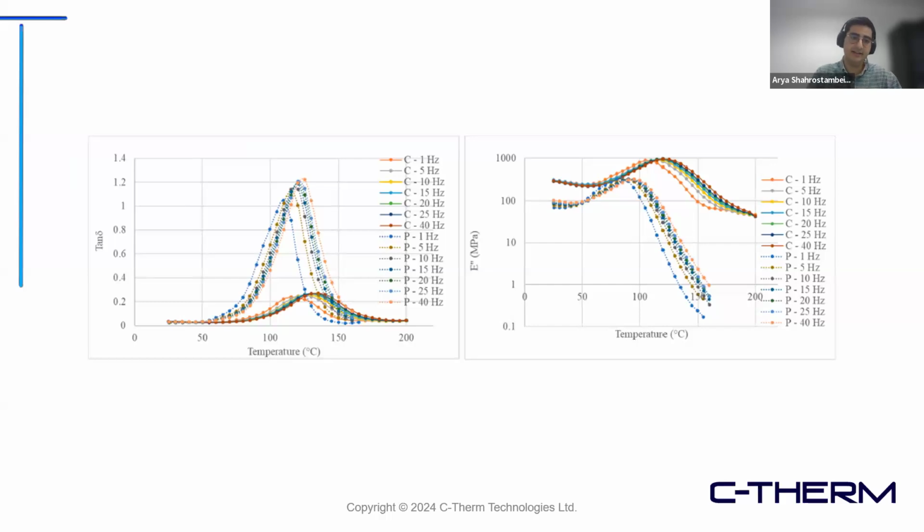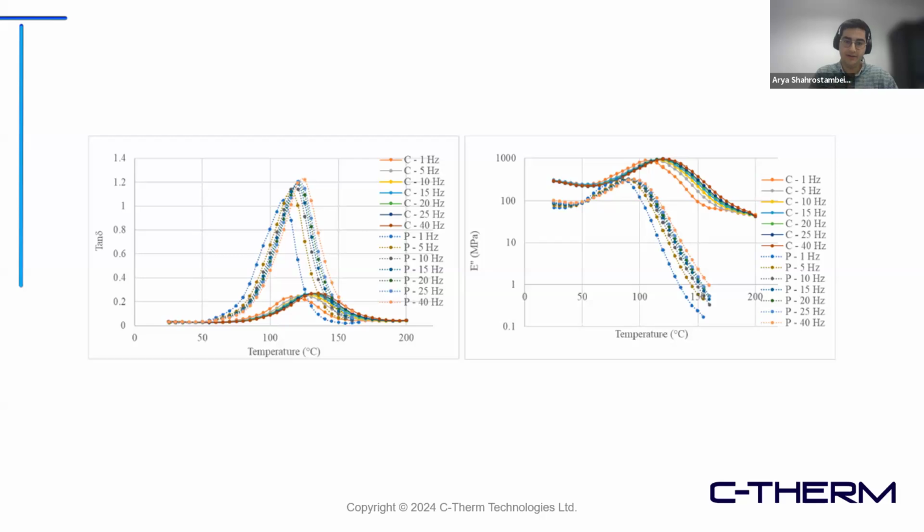As you can see on the left-hand side, you have tan delta, the ratio of loss modulus over storage modulus that we mentioned is very important and very sensitive. On the right-hand side, you can see the loss modulus. Let's start with the left-hand side. It is well known that in a temperature sweep test, as you increase the temperature, you should see the glass transition temperature as a peak in the tan delta graph.